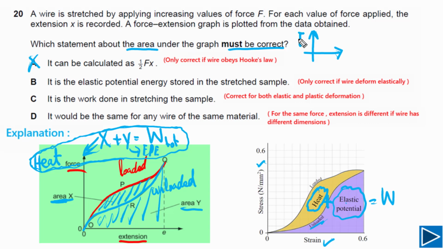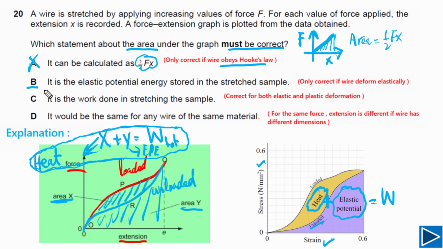Let me explain with this force extension graph. This is only true if the wire obeys Hooke's law, like this. Then the area in this case will be equal to the area of a triangle, 1/2 Fx. Only if it obeys Hooke's law. But if it does not obey Hooke's law, we cannot calculate the area using this formula.